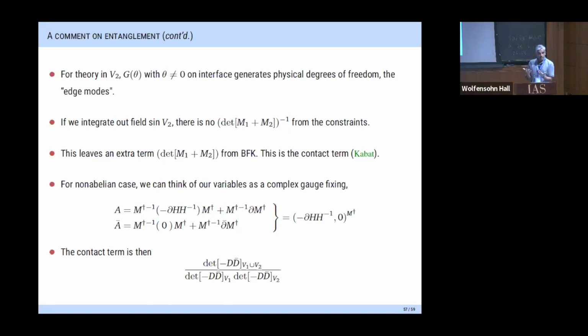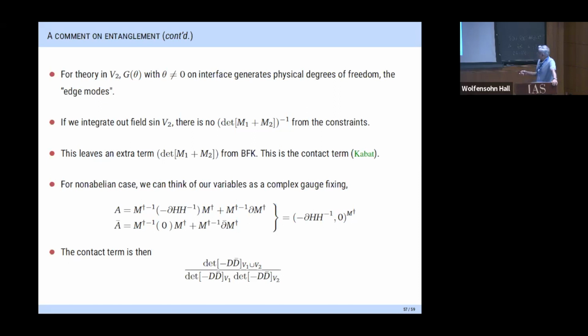It also gives you a physical sense of where it comes from. It's because there are edge modes that don't necessarily get canceled out. Now, I'm not talking of other terms that arise from the wave function here because I wanted to focus on this for a reason I will tell you in a minute or so.